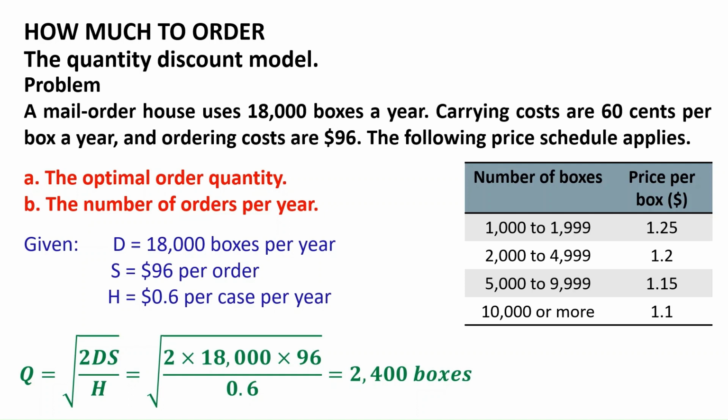The next step is to calculate the total cost corresponding to Q equals 2,400. At this quantity the unit price is $1.20 per box, as 2,400 falls in the range of 2,000 to 4,999 boxes.